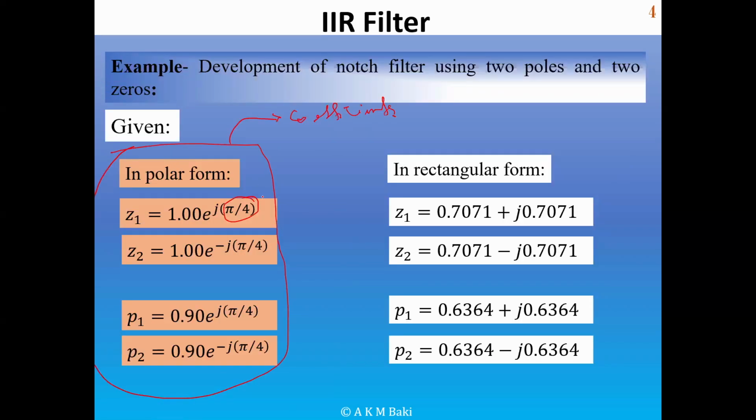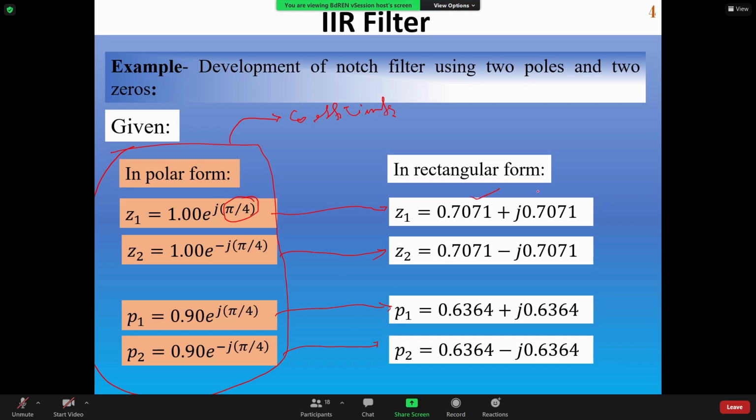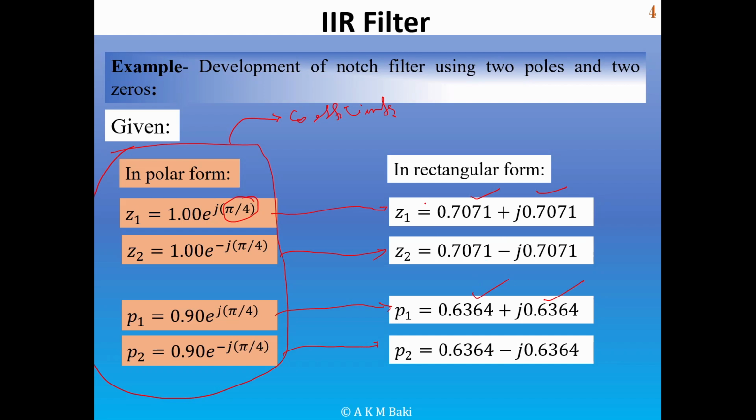Now you need to convert the polar form into rectangular form in order to have the equation in polynomial form. So this is done. You can see this is in complex form, there are some real part and imaginary part. Now you need to put this in the equation, H of z, in polynomial form.